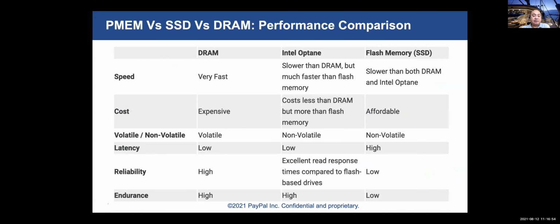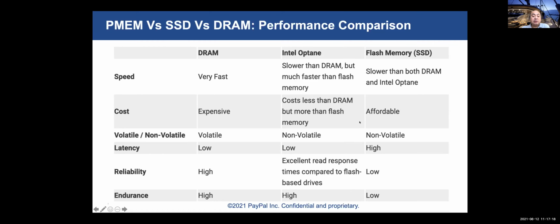So in summary, when we compare the three kinds of configuration, as you can see, for speed, DRAM is the fastest. Persistent memory is a little bit slower, but it is much faster than the flash memory. And the cost is that DRAM is very expensive, as you know, and the persistent memory is a little bit less, but more than the SSD.